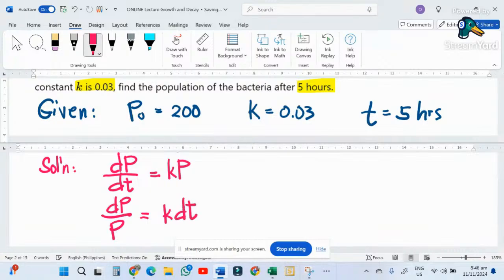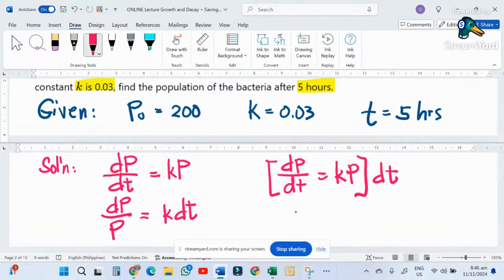How did I do that? So dP/dt is equal to kP. If you multiply everything by dt so that you eliminate the denominator, then the dP/dt on the left side will just be dP, and on the other side it's kP dt.